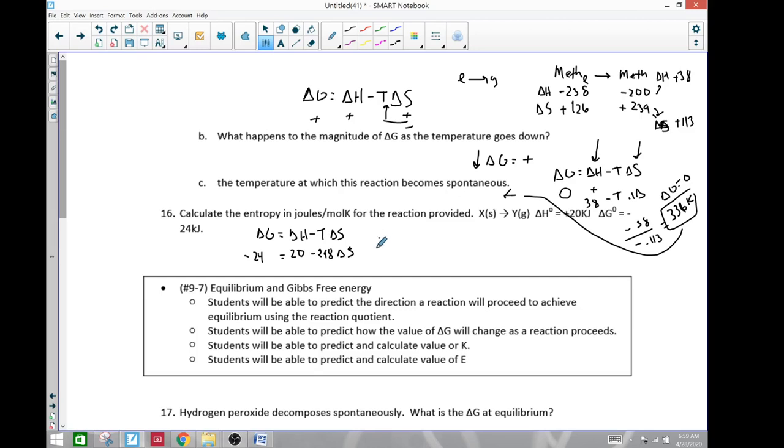So delta S equals 0.147. Now this would be in kilojoules per mole Kelvin. So if you want to make it in joules, it'd be 147 joules per mole Kelvin.